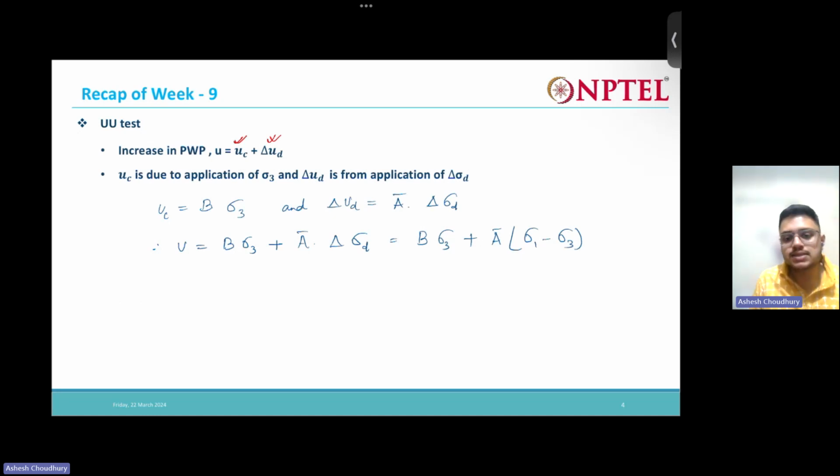Now this deviatoric stress, with that increment, we can write as nothing but sigma 1 minus sigma 3. The deviatoric stress is nothing but sigma 1 minus sigma 3, right? So that we can write as sigma 1 minus sigma 3.